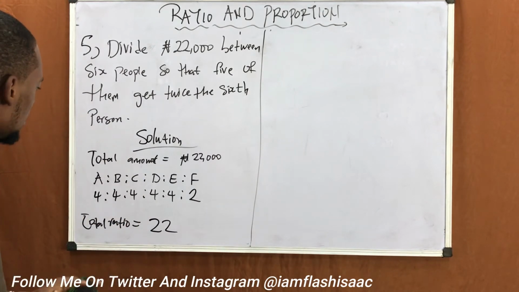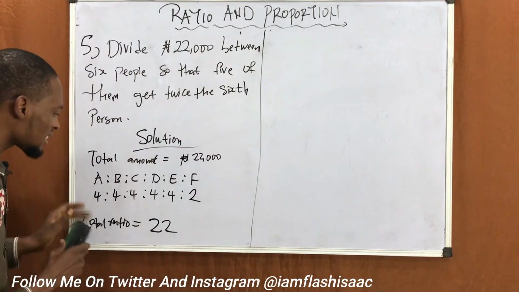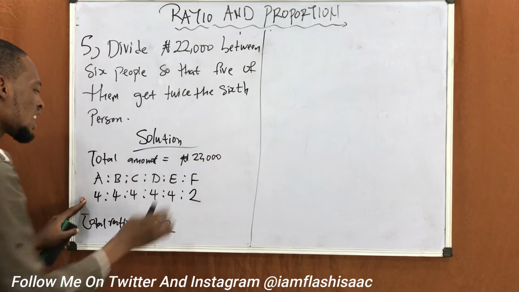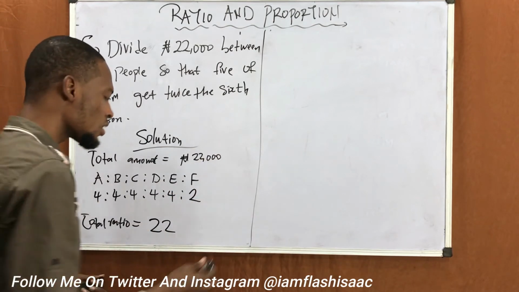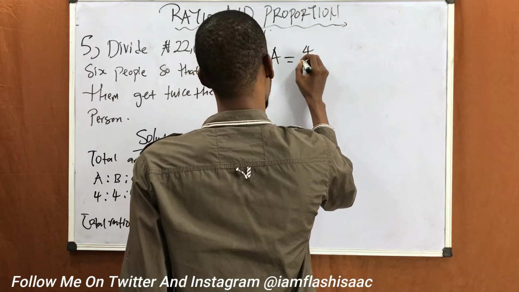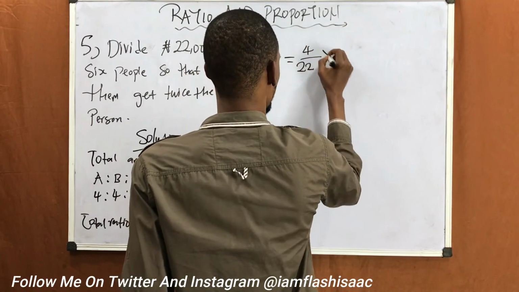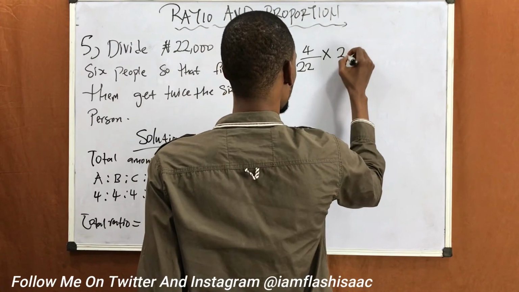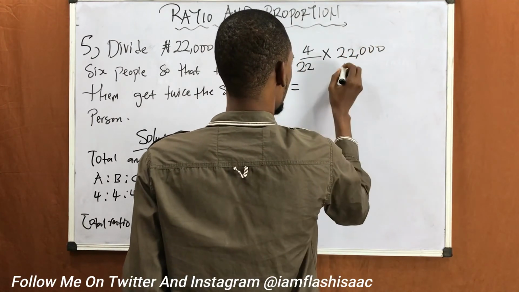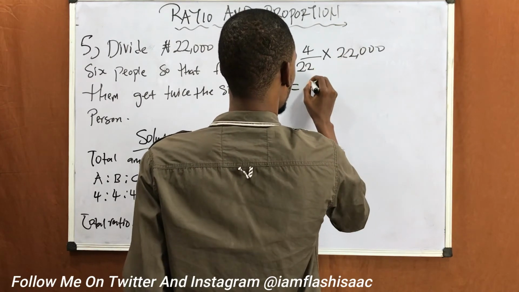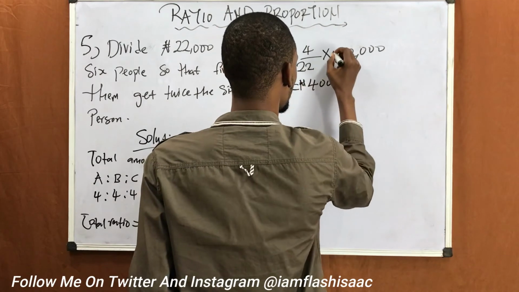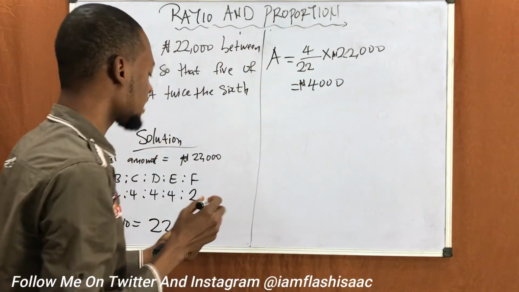Now this implies that the amount A will collect is 4 over the total ratio times the total amount to be shared. So A will take 4 over 22 times 22,000. This should give you 4,000 naira. So A will take 4,000 naira.